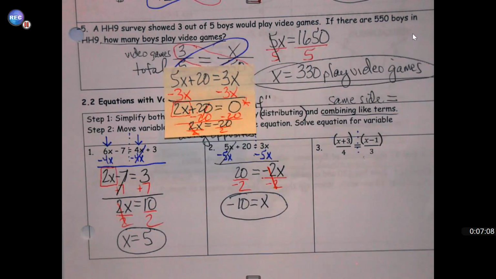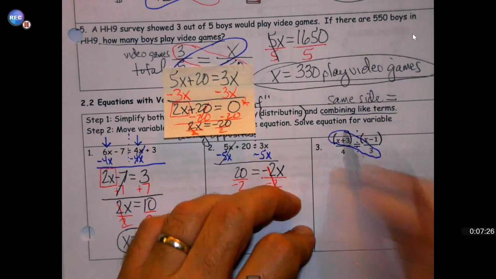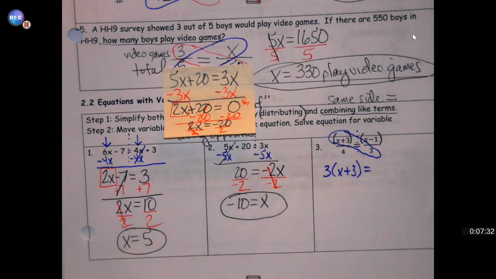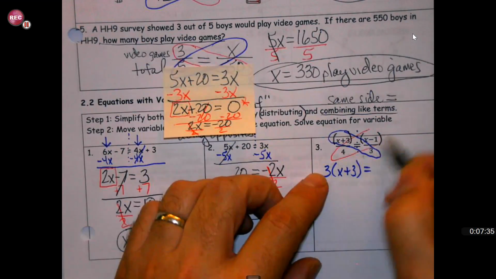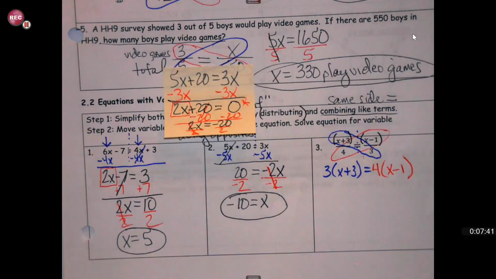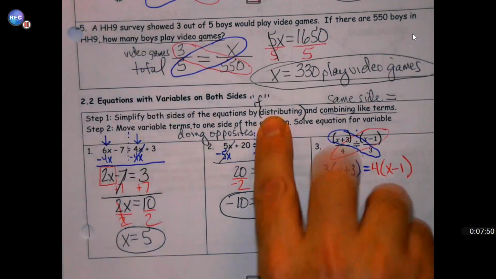Every time, like we said yesterday, and I'm going to say it again today, every time you see plus or minus in a proportion with things, x plus 3, x minus 1, put parentheses around them, because then when you go to cross multiply, you're going to remember that before I can do anything else, once I cross multiply, there is going to be distributing.